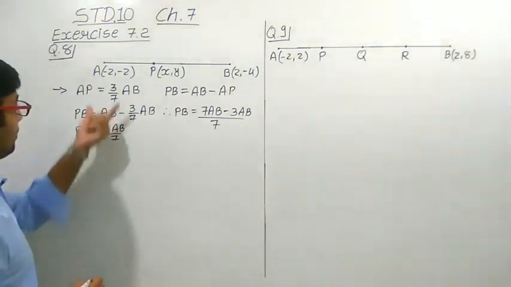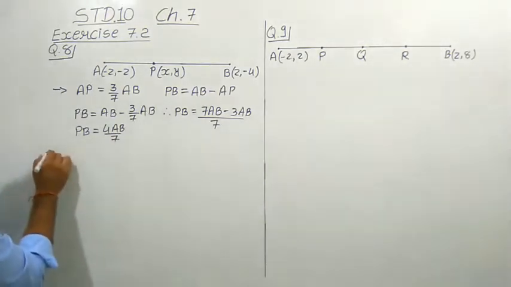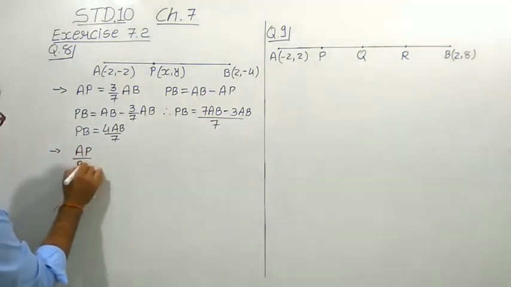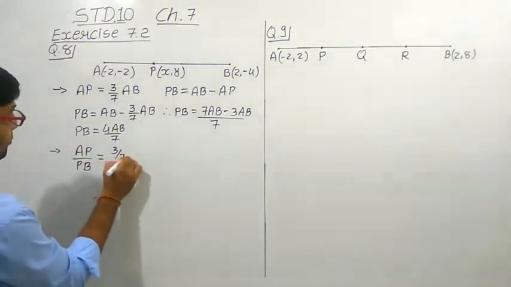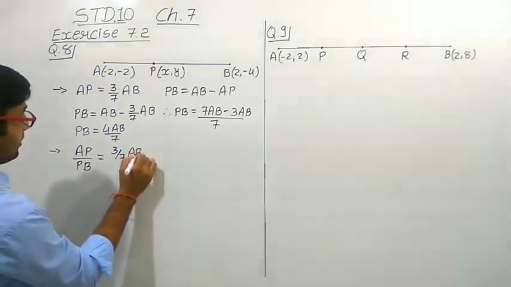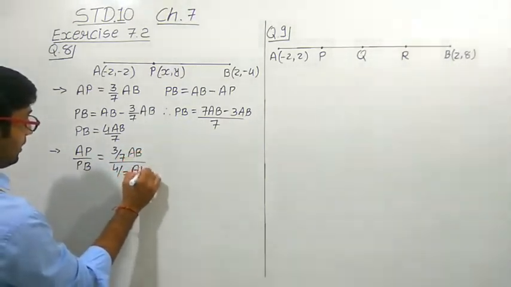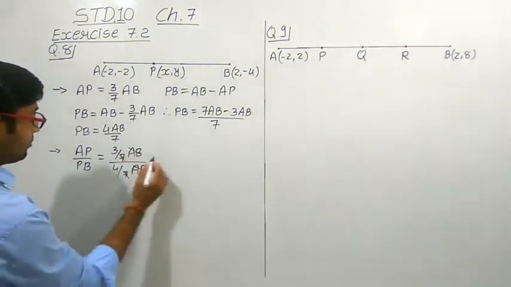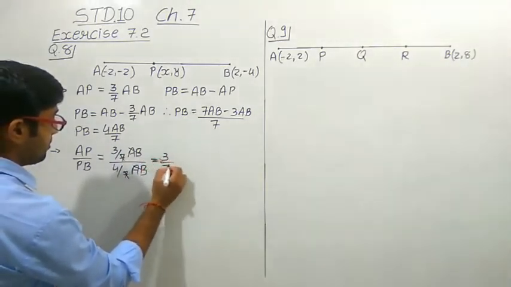To find the ratio, we can take AP upon PB, that is equal to (3/7 AB) upon (4/7 AB). Now AB will cancel out each other, 7 will cancel out each other. What we get here is 3 upon 4.